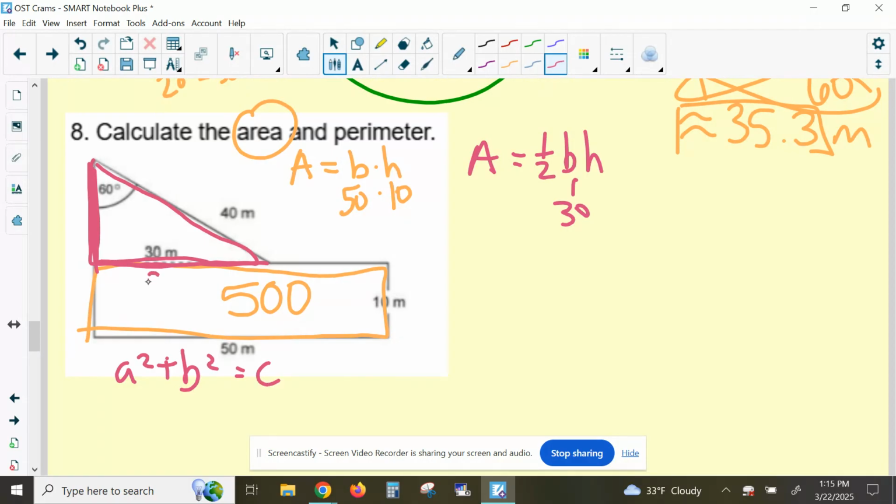So remember, I can call this guy a and this guy b, as long as my hypotenuse, opposite my right angle, is my c. And so my c squared has to be 40. So I've got 30 squared plus my b squared, which I don't know, is equal to 40 squared.